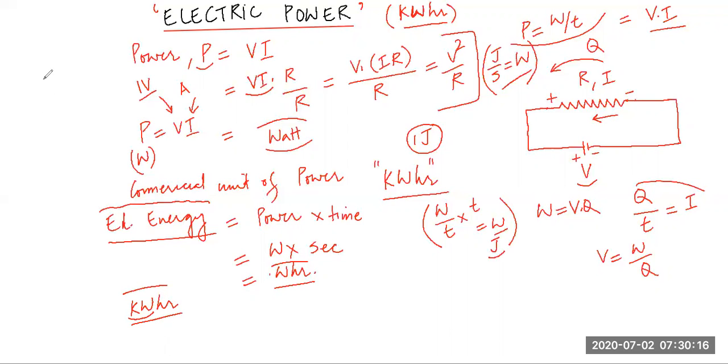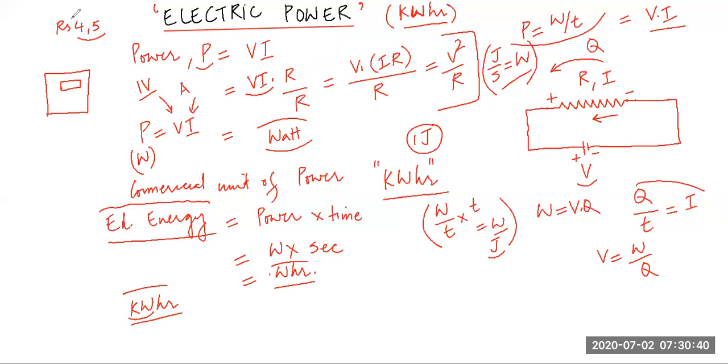So on our electrical meter installed in our home, I'm talking about domestic meters or even commercial meters also. See here, the reading is there. On the basis of this reading, we get our electricity bill every month at the rate of ₹4 or ₹5 per unit.